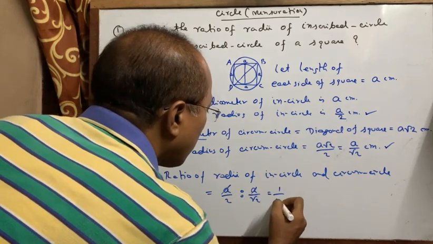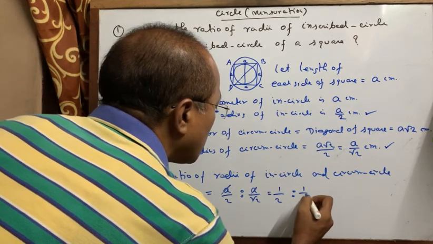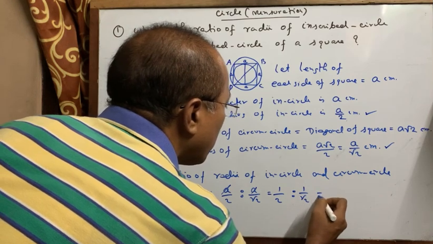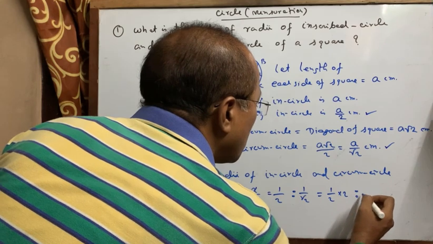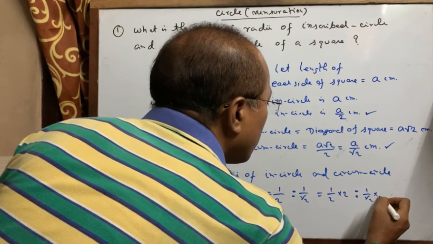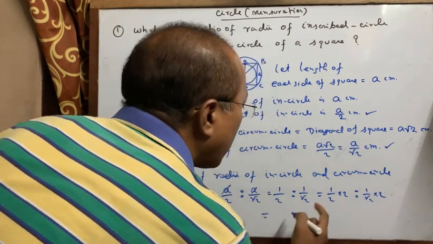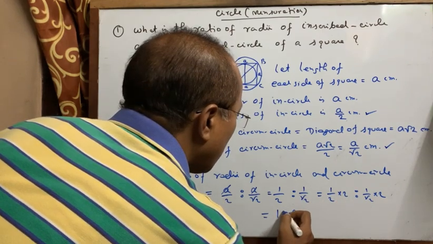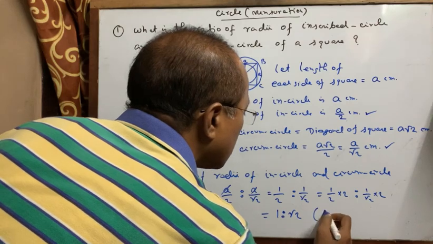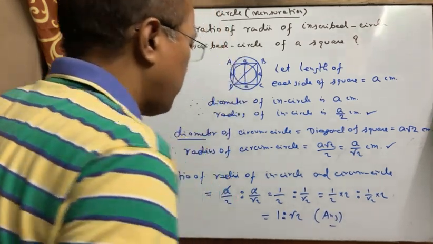It means 1 by 2 is to 1 by root 2. Multiplying both by 2, we can find 1 is to root 2, and this will be our answer.